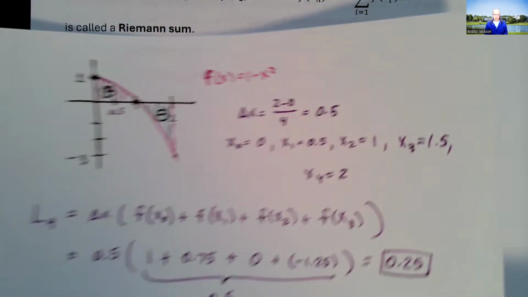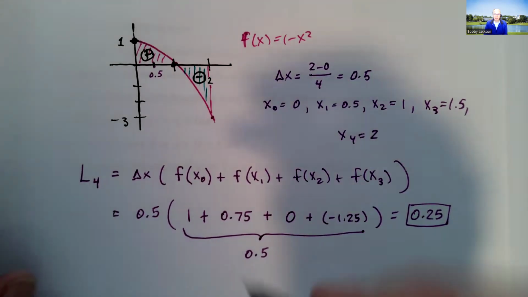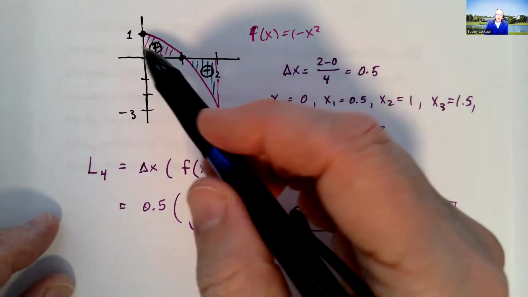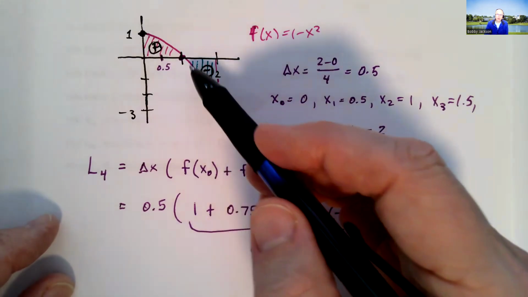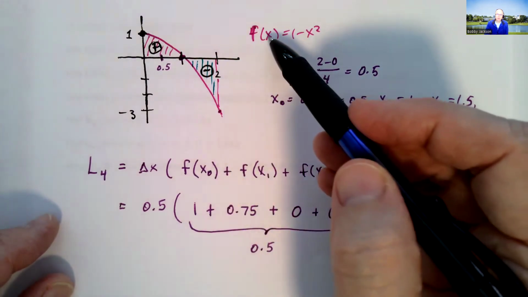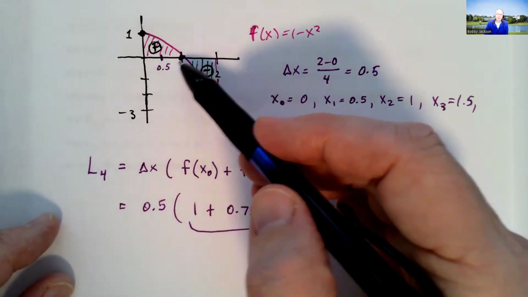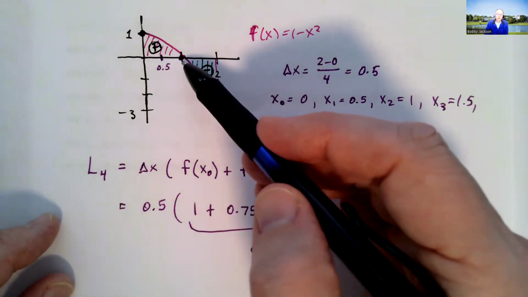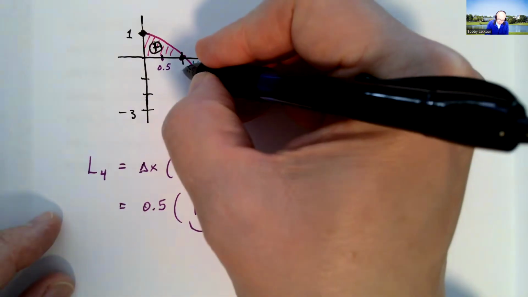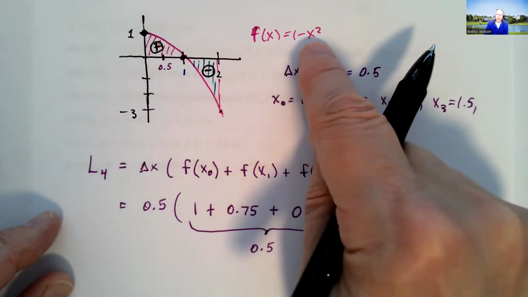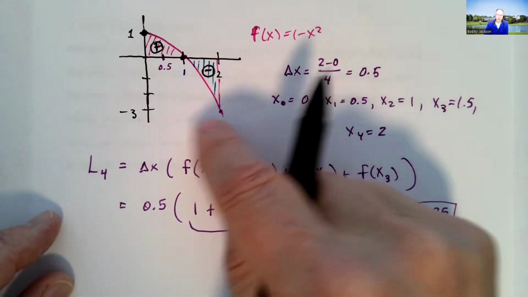So here is a rough graph of this function, 1 minus x squared. It's a parabola opening downward. At 0, if I plug in 0, the value is 1. If I plug in 1, this is x equal 1 here, I'll get 0. And if I plug in 2, 1 minus 2 squared, 1 minus 4, I get negative 3 down here.